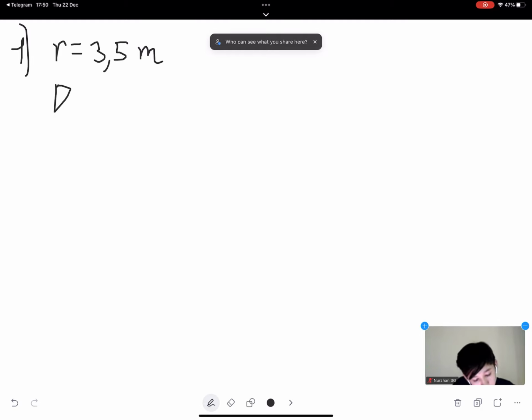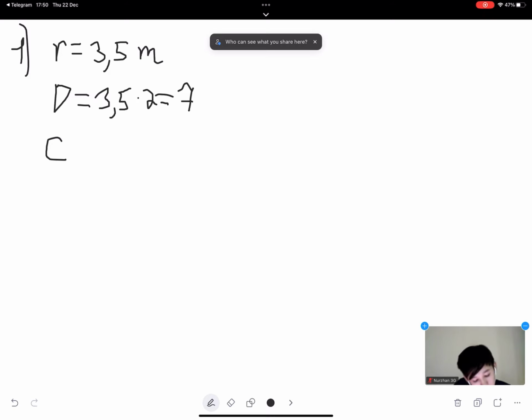Diameter D is equal to 3.5 multiplying 2, and is equal to 7.